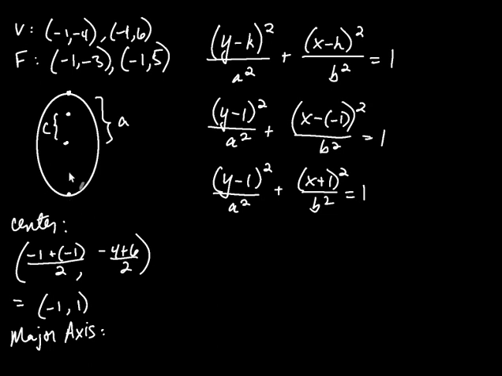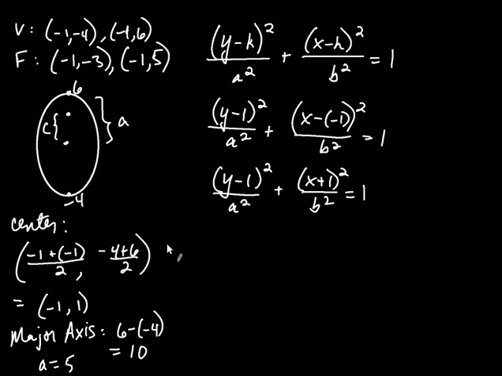This y-coordinate is 6, and this one is -4. So I take 6 take away -4, and that's the length, which is 10. If I divide that by 2 to get a, I get 5. So a is half of the length of the major axis. So a is equal to 5, and a squared is going to be 25.